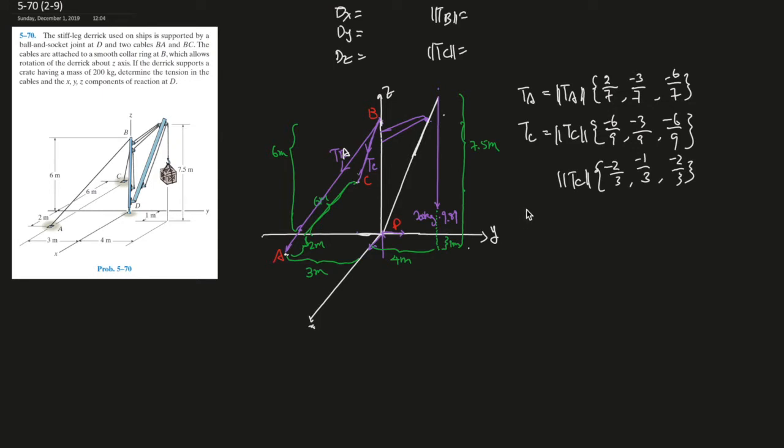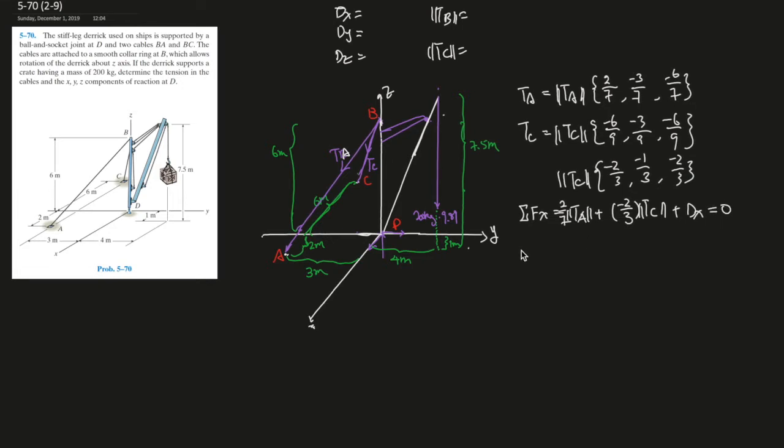So the sum of the forces in the X direction should be the magnitude of TA times 2 over 7, plus, we're just going to write everything in its original form, times TC. Right? Times TC, this is the X direction, and also the reaction force at D, so plus Dx, right?